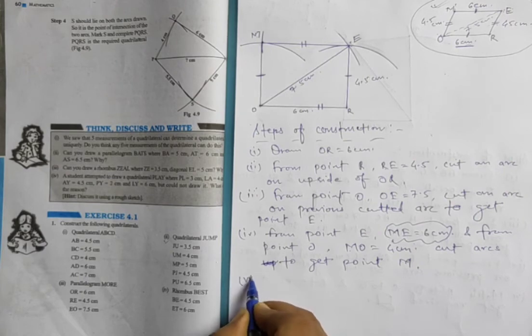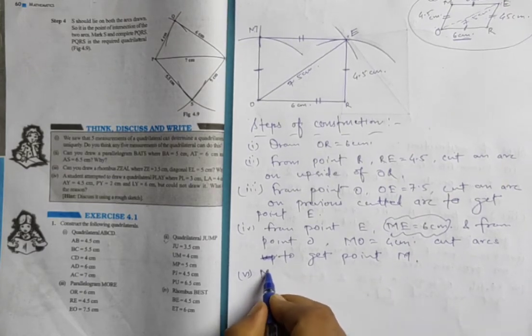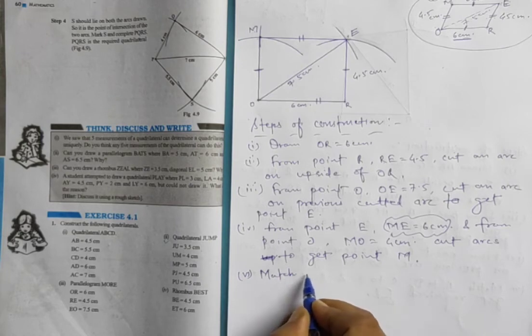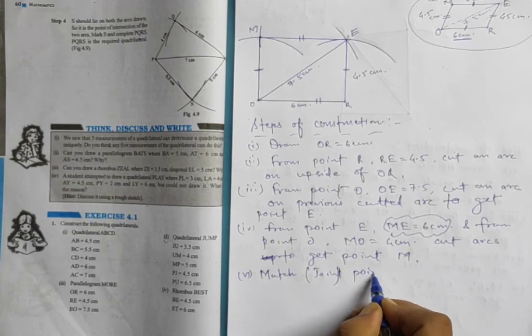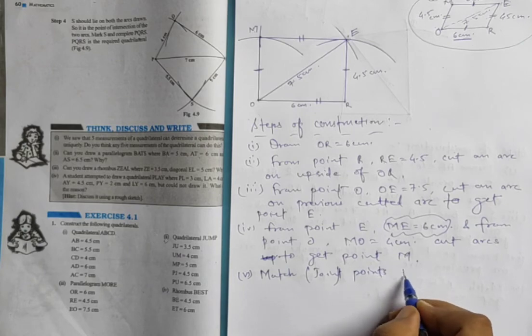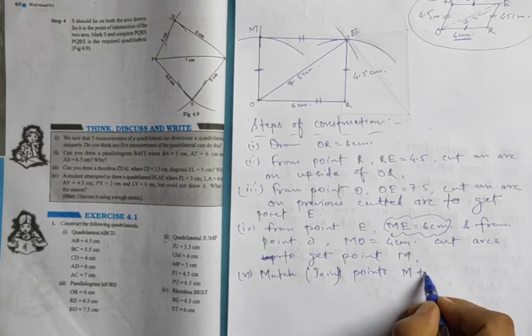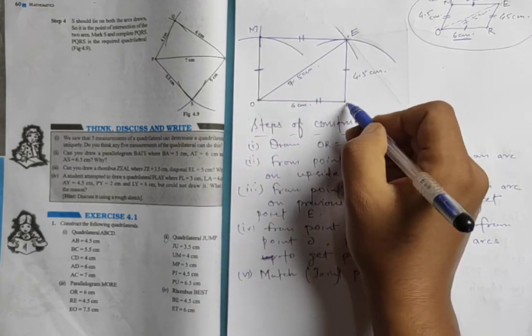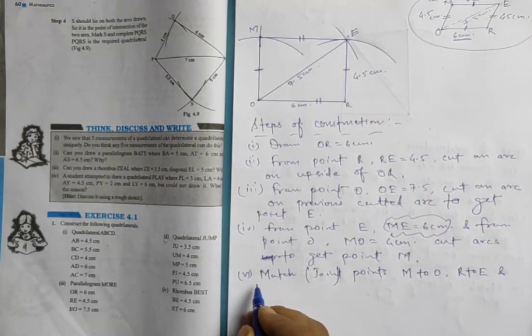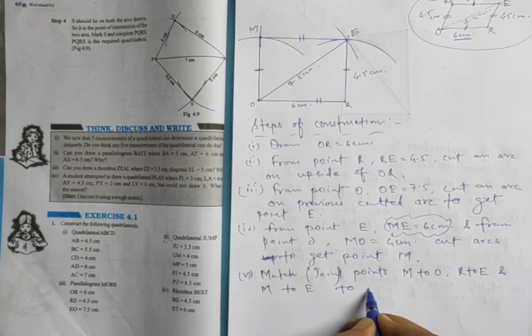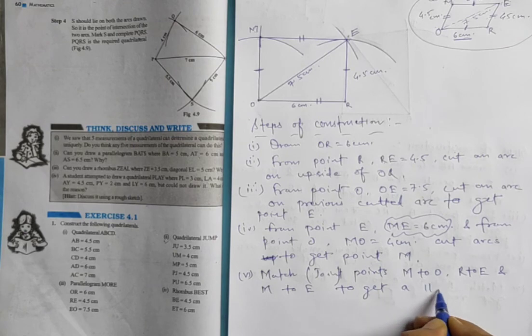So in the fifth step, what we have done, match or join points. Which points were we joining? M to O, R to E, and M to E to get a parallelogram.